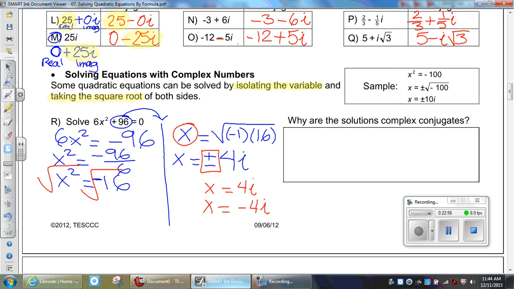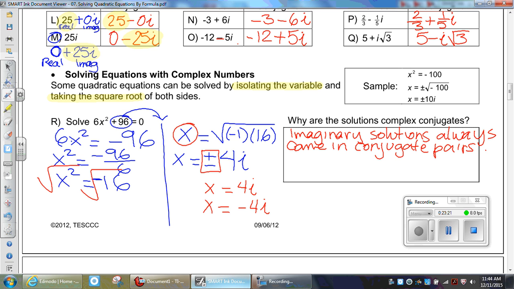Why are those two? Because, well, one of the reasons is that imaginary solutions always come in conjugate pairs.